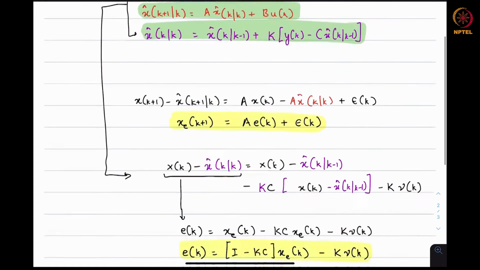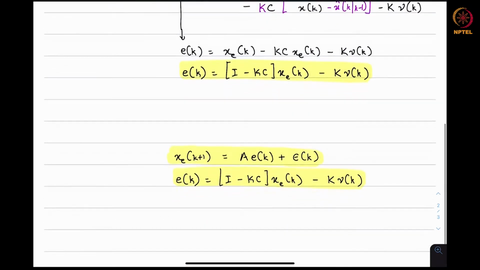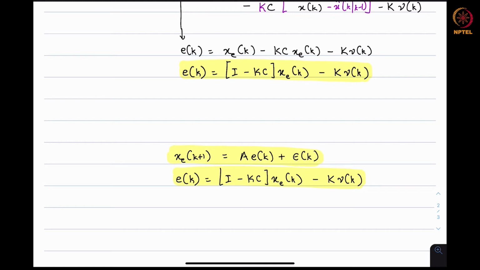Okay, what we want to do is find our Kalman gain K such that our error, e k or xe k of course, is minimized in some way.